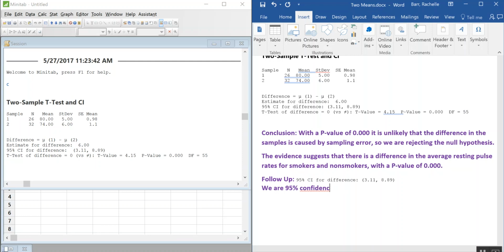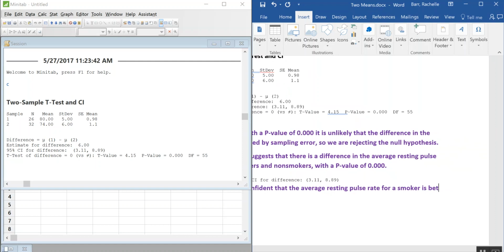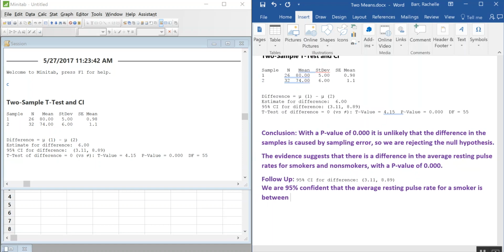that the average resting pulse rate for a smoker is between 3.11 and 8.89 beats per minute higher than the average pulse rate for a non-smoker.